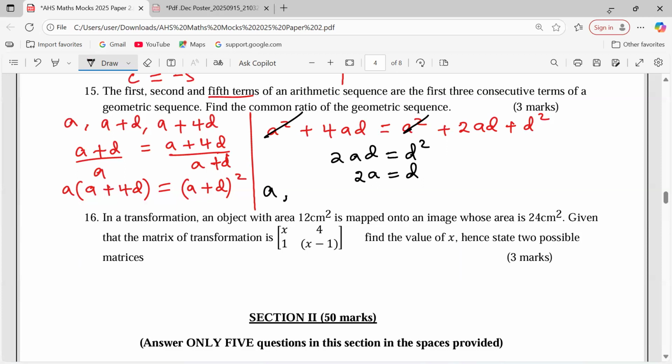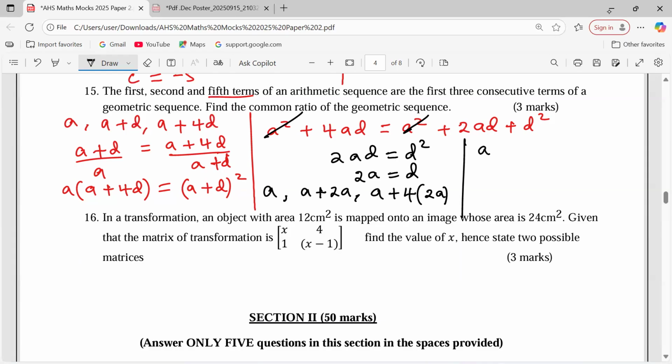So the first term is A. The second term is A plus D, so A plus, instead of D, 2A. And the third term is A plus 4 multiplied by, instead of D, 2A.